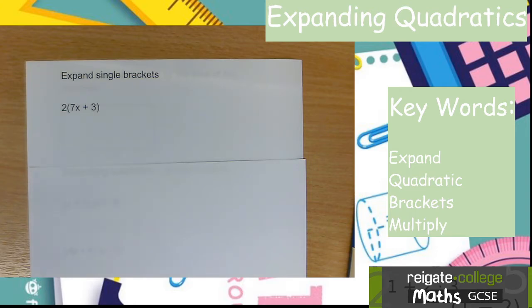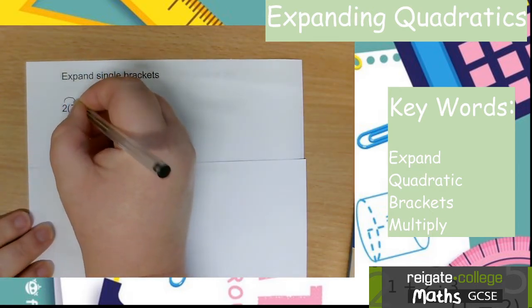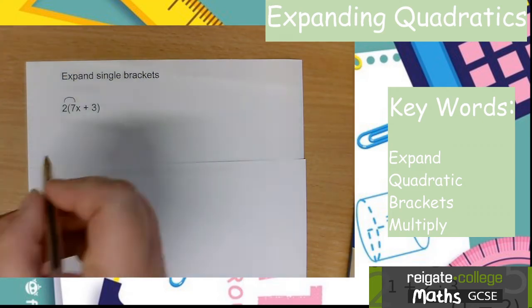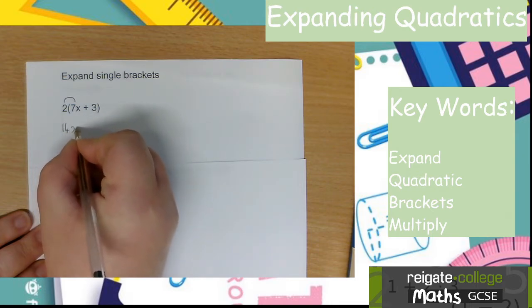So here we have 2 on the outside, and then on the inside we have 7x plus 3. So firstly, we're going to multiply the 7x by the 2 on the outside. And that will give us 14x.